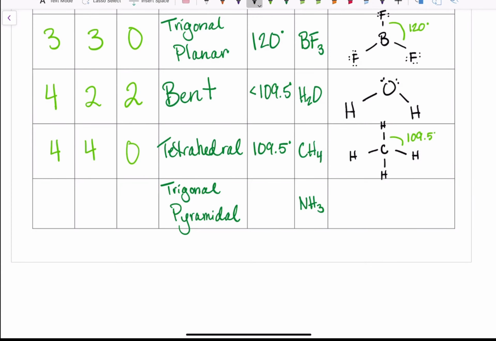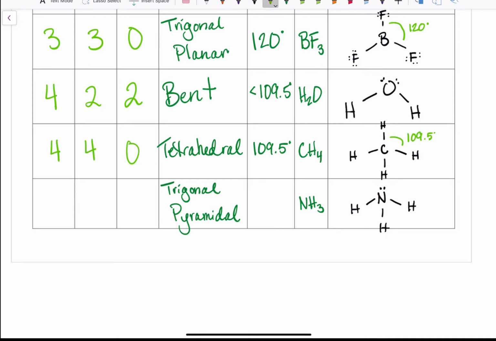Let's try to draw it more similar to that 3-dimensional rendering. So we have N, and then our 3 H's coming off of it with our lone pair here. So we know that this lone pair up at the top is really pushing down those other bonding groups.